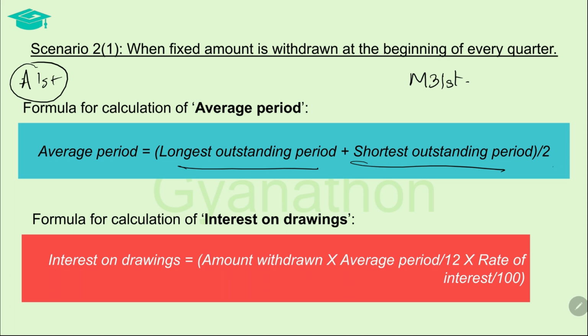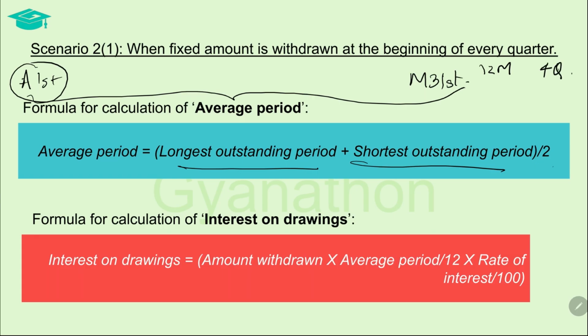So the longest period for which an amount is outstanding during the year is April 1st to March 31st, which is 12 months or 4 quarters.